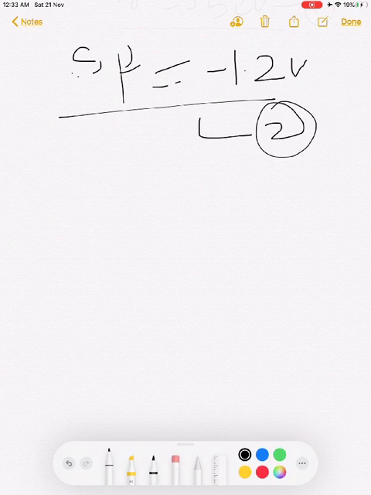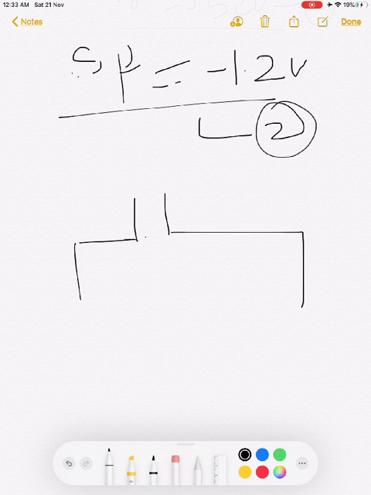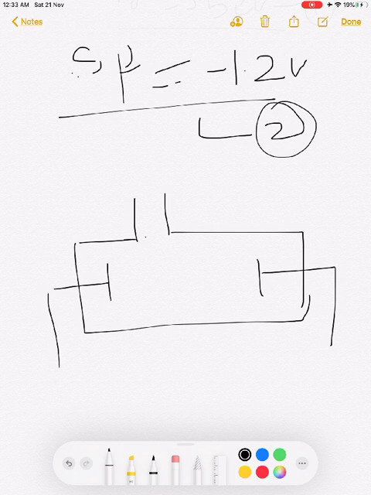Now look into the concept. Consider the single CRT. This is the single CRT, where two photosensitive plates are connected with a small battery or cell, where one is a negative terminal and one is a positive terminal.